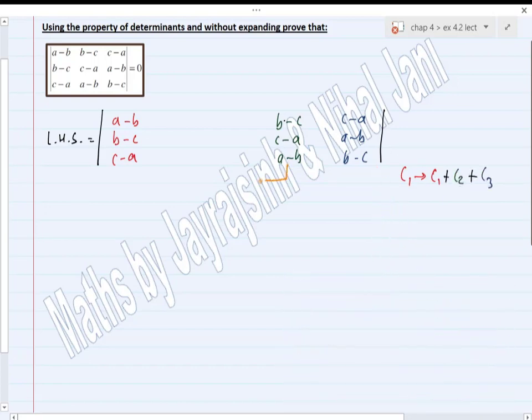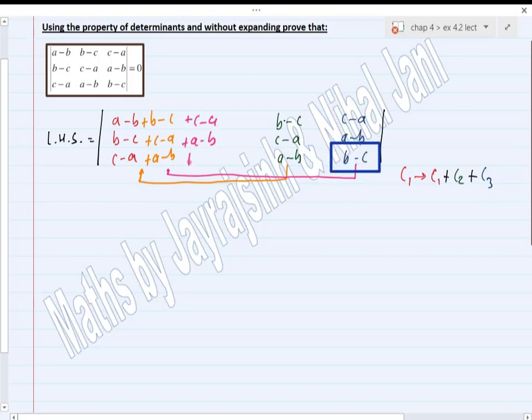So first of all, let's add the second column into the first one. So here we'll get B minus C, C minus A and A minus B. Similarly, it's time to add the third column to the first one. So C minus A minus B plus B minus C.